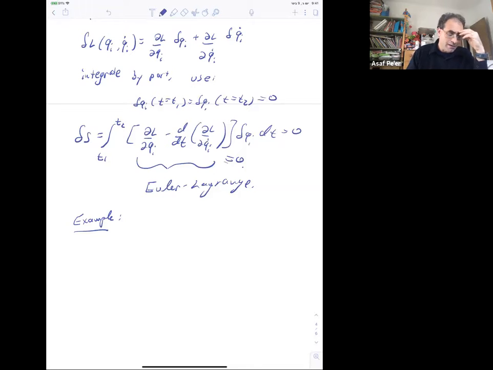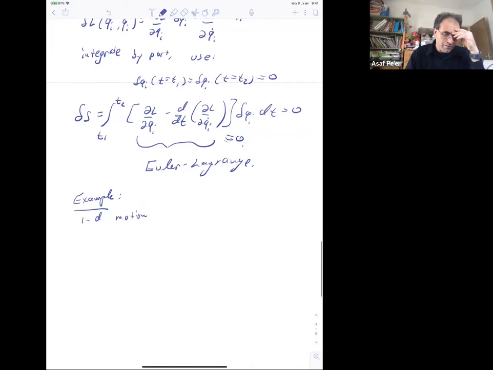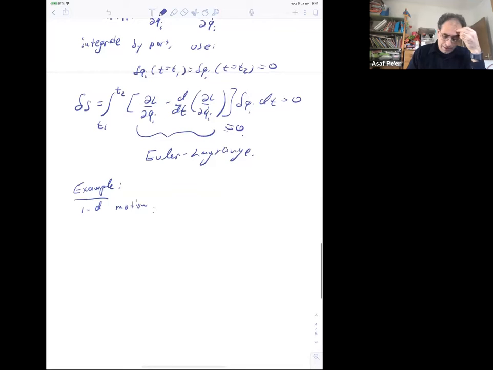So let's say we have a particle moving in one-dimensional, 1D motion, with the Lagrangian being a function of the coordinates and the derivative. So let's write down that L is T minus V, which is 1/2 m x dot squared minus V of x.